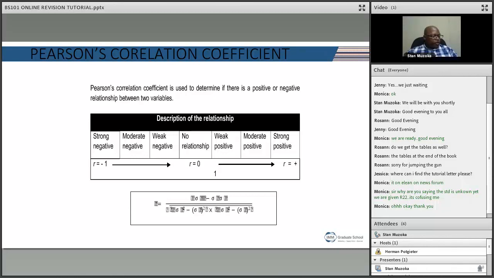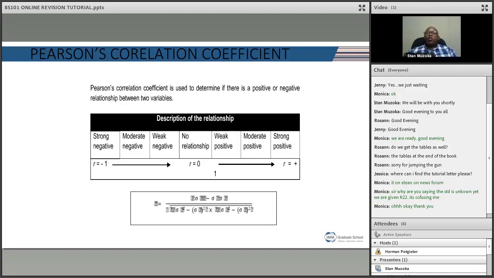You will substitute into that equation and get an R value. You then say to yourself, the relationship lies between -1 and 1. Pearson's correlation coefficient is a value between -1 and 1. If it is negative 0.5, it is a moderate negative relationship.